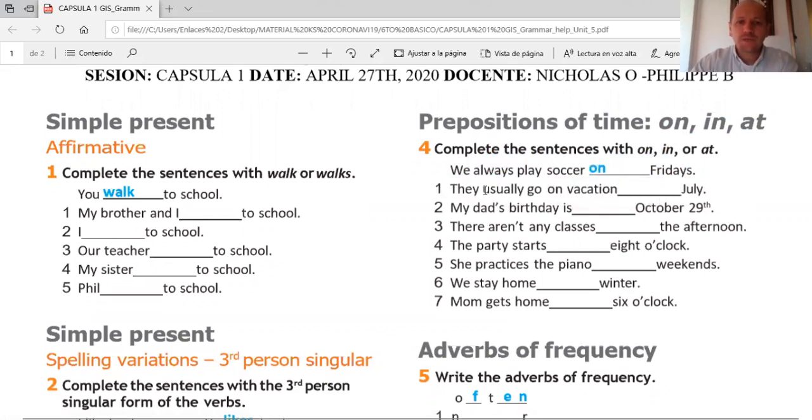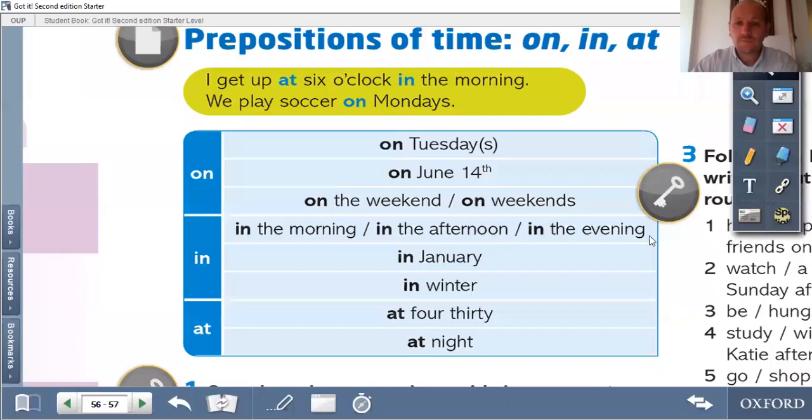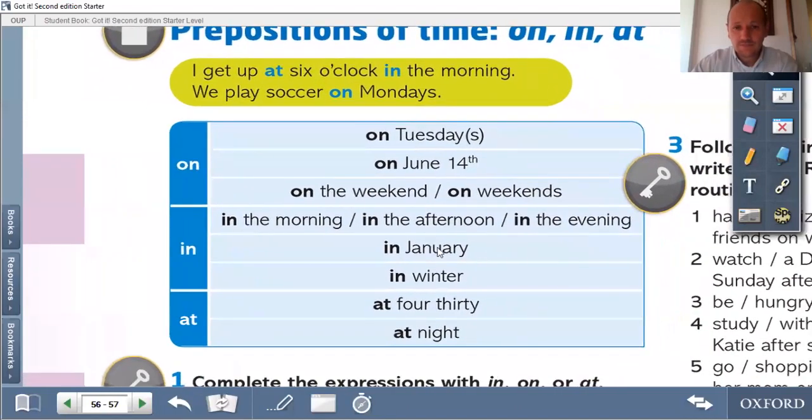Number 1, they usually go on vacation. ¿Tiene la fecha o no tiene la fecha? No la tiene, por lo tanto ocupamos in. They usually go on vacation in July. ¿Ok? Veamos si estábamos correctos. ¿Sí? In January. ¿No es? In January. Ok. Let's continue.